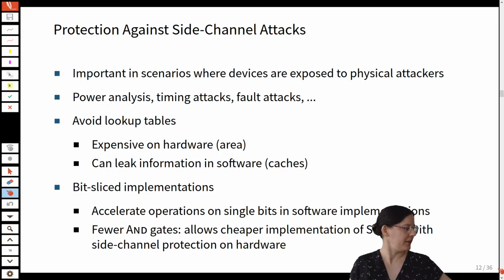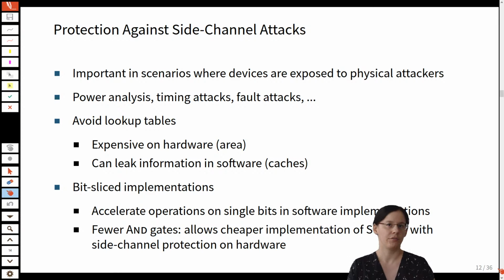And there are a number of things to take into account when you want to protect against such scenarios. One of the things, if you're looking at the CPU context, is that you want, for example, to avoid lookup tables like in S-boxes, because the timing of these table lookups can be exploited in cache attacks.